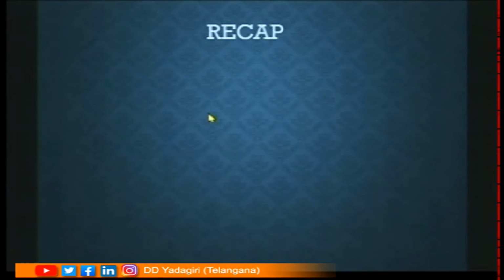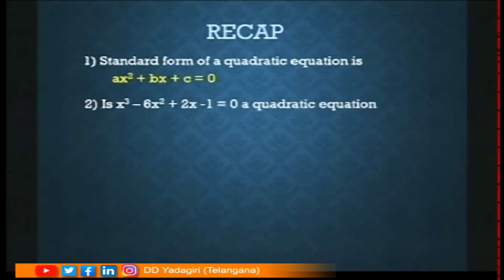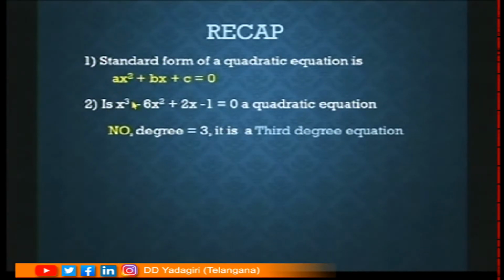Now, let's have a quick recap of the session. The standard form of a quadratic equation is ax square plus bx plus c is equal to 0. Is x cube minus 6x square plus 2x minus 1 equal to 0 a quadratic equation? No. As you can see, the highest degree of x here is 3. So, it is a third degree equation.